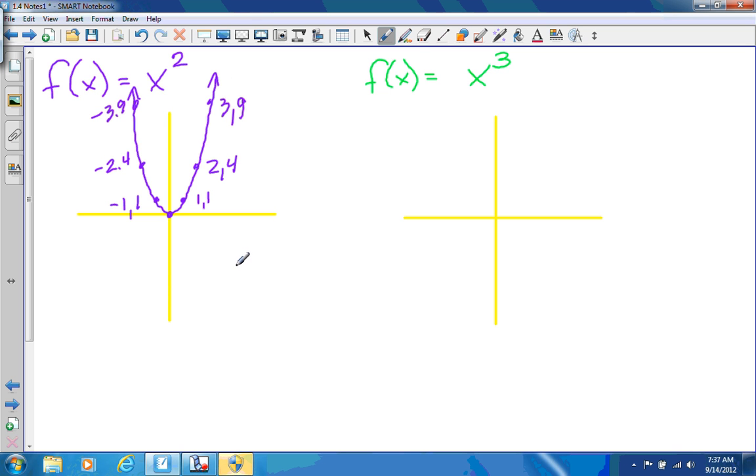It is a parabola in shape, and the domain for it is still all reals, and the range would be just like the absolute value. It's all greater than or equal to 0. And just like absolute value, you can fold it along the y-axis, so it is an even function.